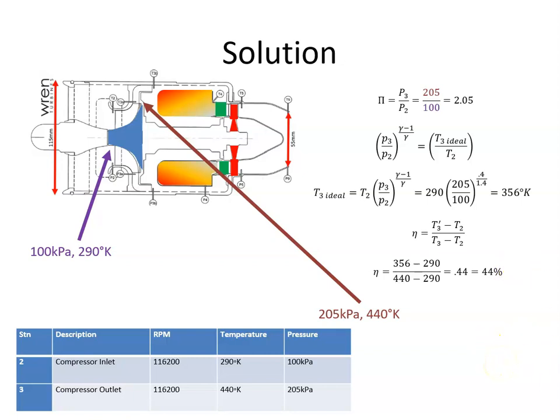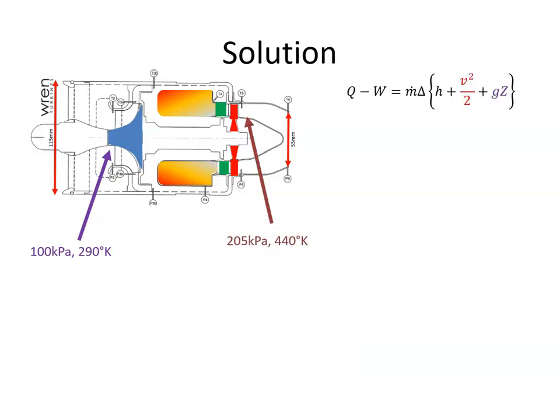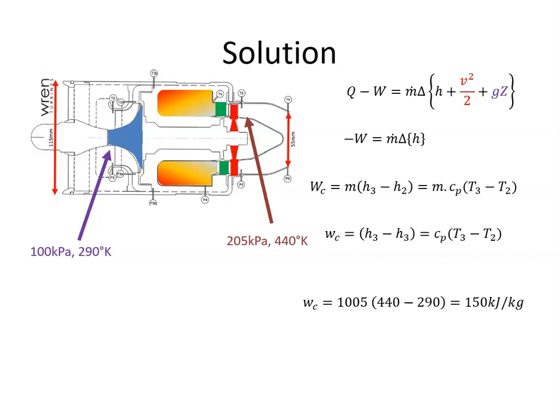Okay, the next part of the question was to work out the specific work required. So if we go to the steady state energy equation, there is no heat put into the combustion or into the compressor section, so that goes.